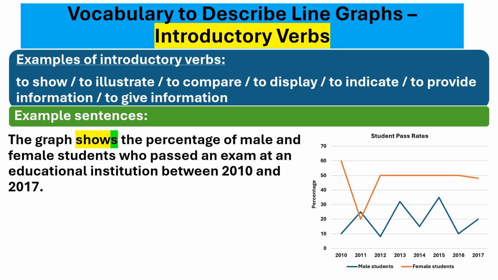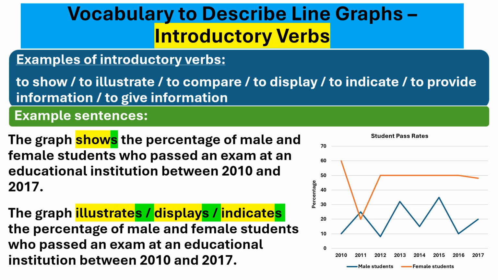In this sentence, instead of shows, you can use other introductory verbs such as illustrates, displays, or indicates to add variety to your description. Check the example given on the slide.